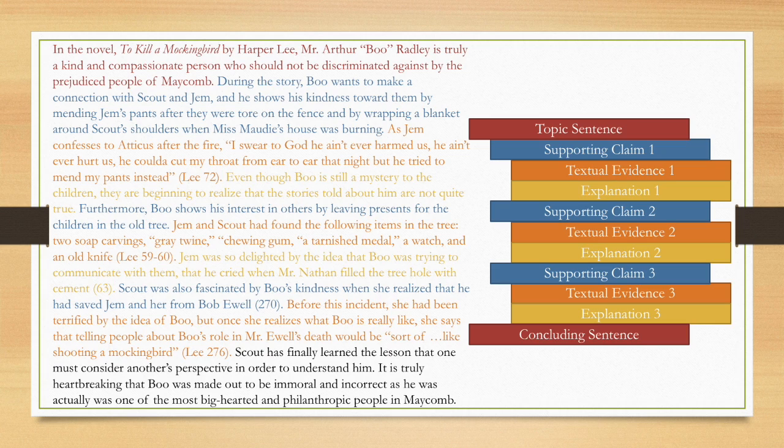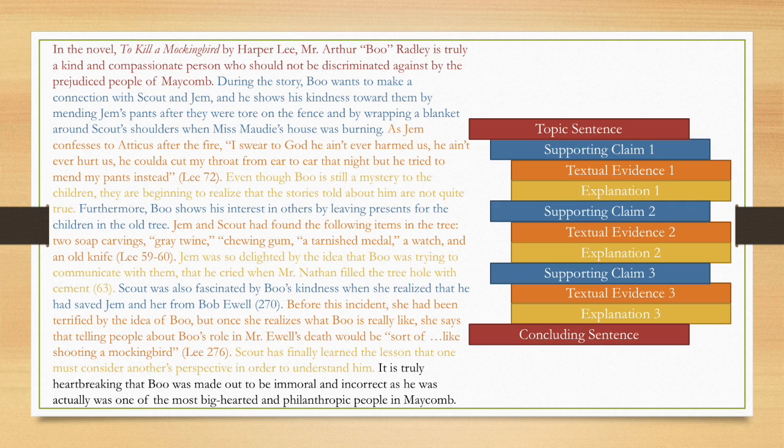Let's see what the explanation is. "Scout has finally learned the lesson that one must consider another's perspective in order to understand him." So in this case, our author just explained what happened in this final quote. And by doing that has proven that Boo Radley is a truly kind and compassionate person. So that's our last evidence sentence.